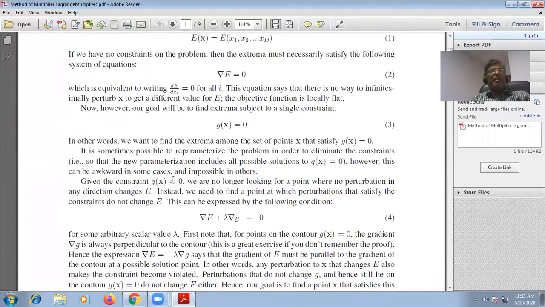Given the constraint g(x) is equal to 0, where no perturbation in any direction changes E, instead we need to find a point at which perturbations that satisfy the constraint do not change E. This can be expressed in this form: this is equal to 0 and this is equal to 0.